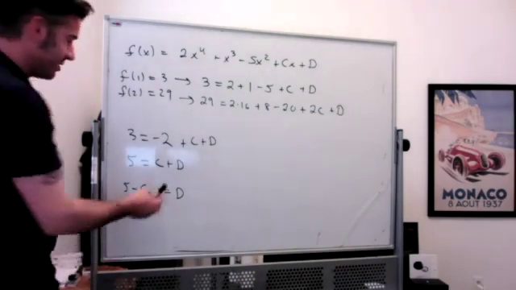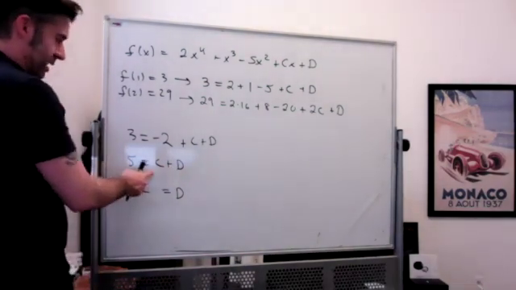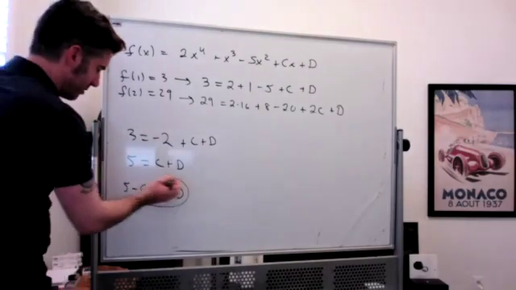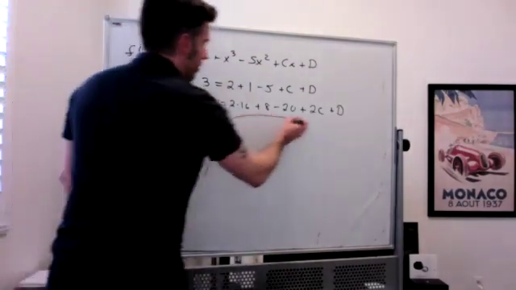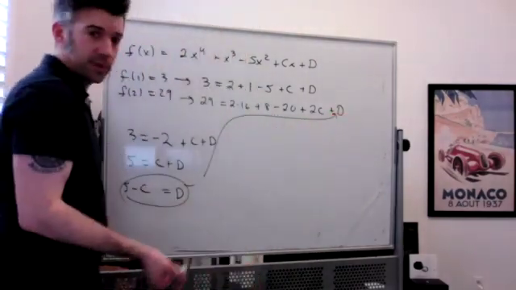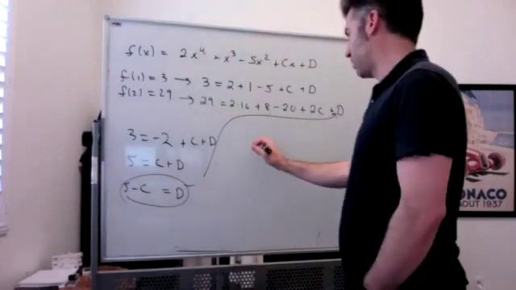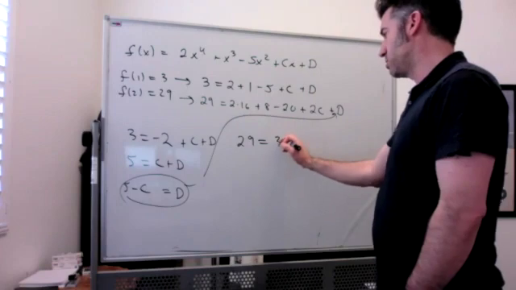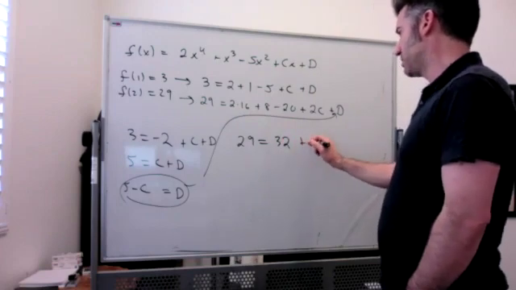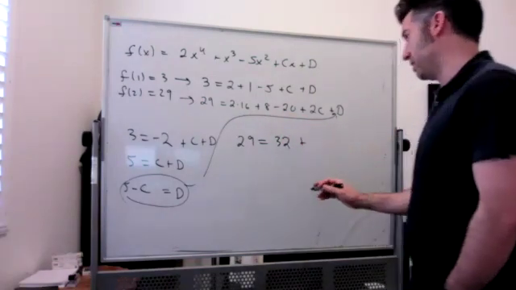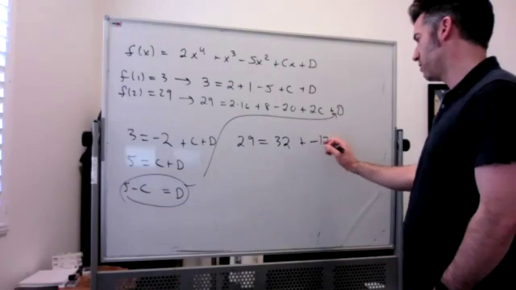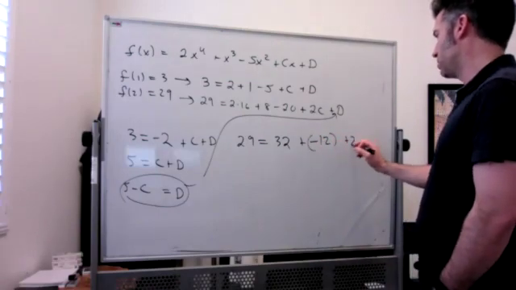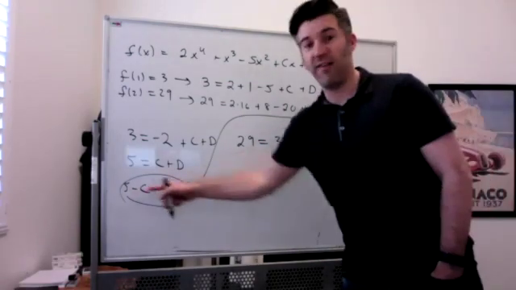Thank you. So we can say that d equals 5 minus c. And then we can plug that in for d right there. So then, in this equation, I'm going to have 29 equals 2 times 16 is 32, plus 8 minus 20 is negative 12, plus 2c plus 5 minus c.